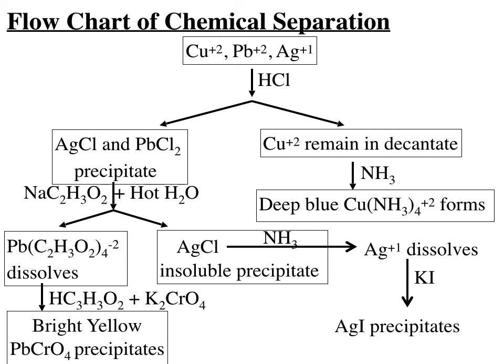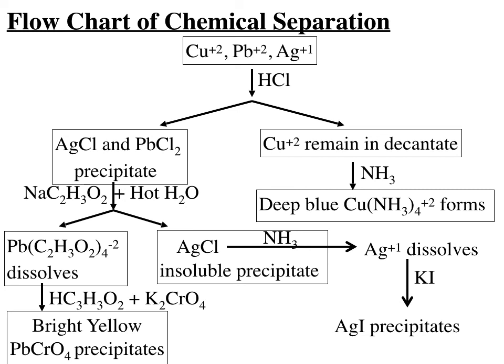Okay, so then what we do is we turn to the left side of the branch. We take the precipitates of silver chloride and lead chloride, and we endeavor to separate them from each other. To do so, we add sodium acetate and put them in hot water. And what that does is that the lead forms a lead acetate complex, which turns out in the presence of chloride to be soluble.